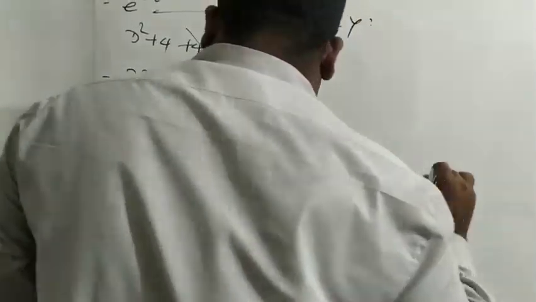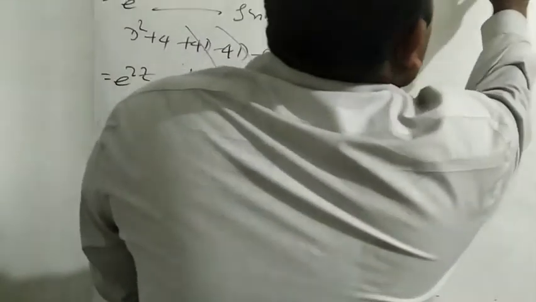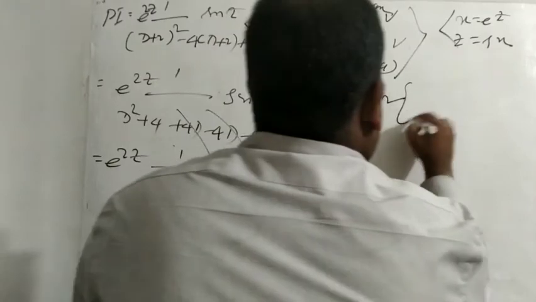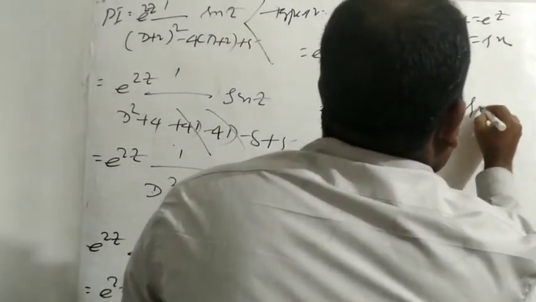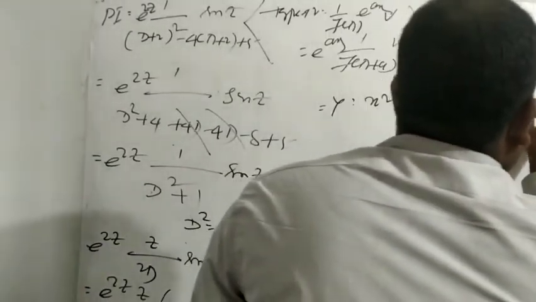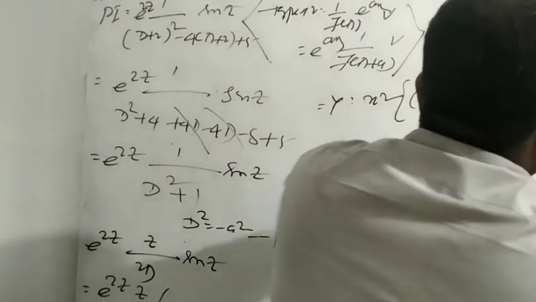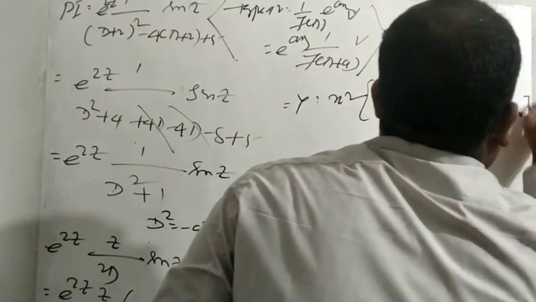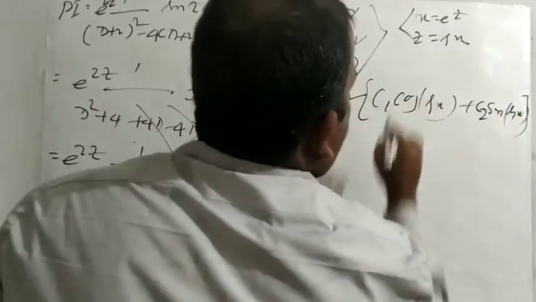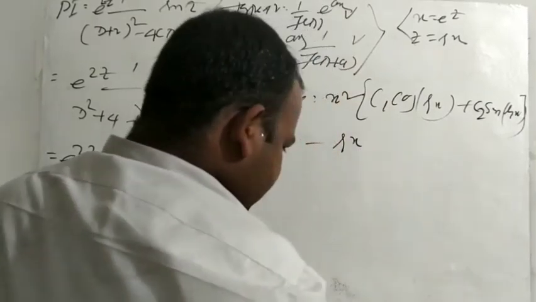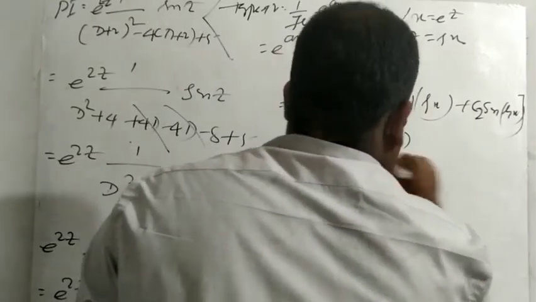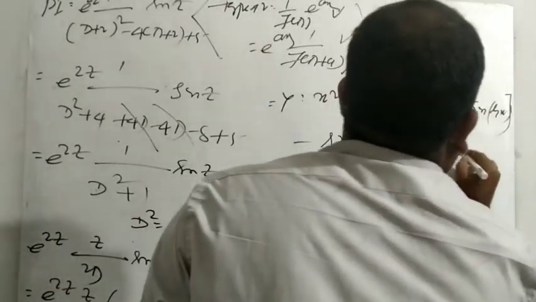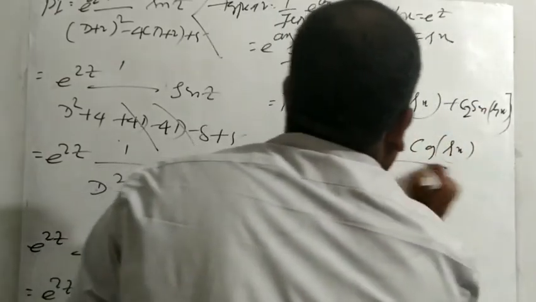So that is y equals to e raised to 2z. x equal to e raised to z. So e raised to 2z, that is what? x square into (c1 cos of log x plus c2 sin of log x) minus z log x e raised to x square cos of z cos of log x upon 2.